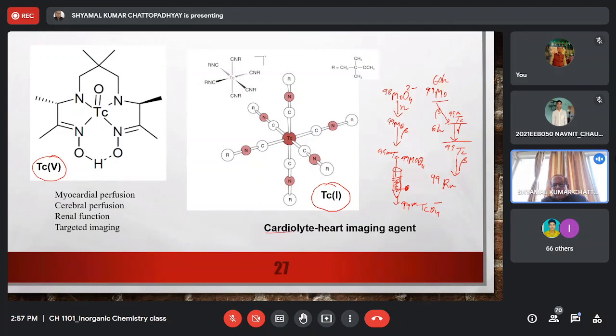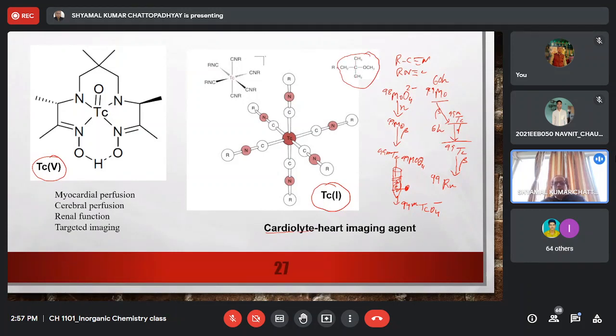Its commercial name is Cardiolite, a heart imaging agent. It is a technetium(I) hexa-coordinated with six isocyanide ligands. RNC is isocyanide: you know in organic chemistry that cyanide is RCN and isocyanide is RNC, right? So this is a technetium isocyanide complex, where R is an organic group, a kind of methoxypropyl group, right?